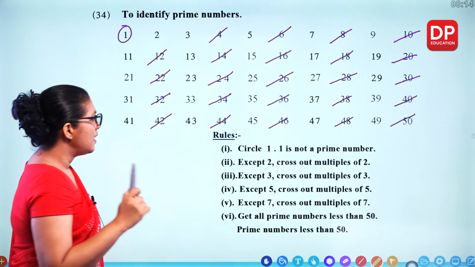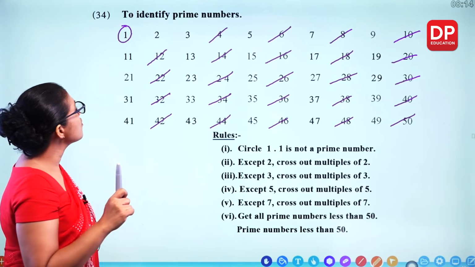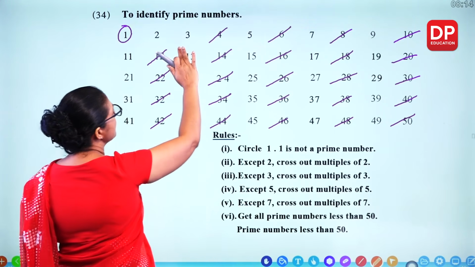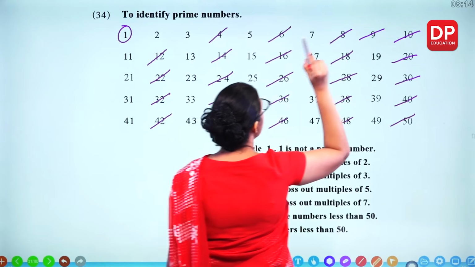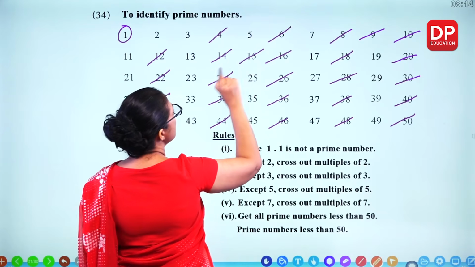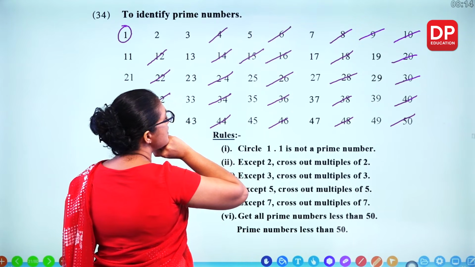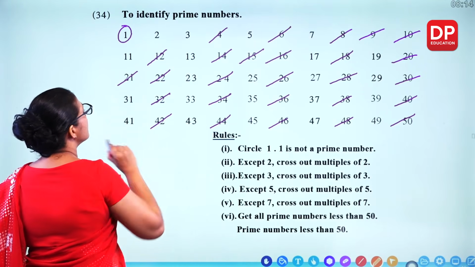Then, except 3, cross out all multiples of 3. 3 times 2, 6. 3 times 3, 9. 3 times 4, 12. 3 times 5, 15. 3 times 6, 18. 3 times 7, 21.